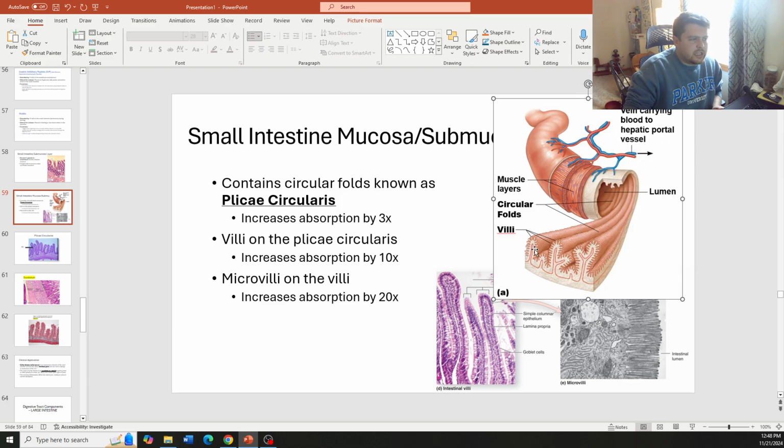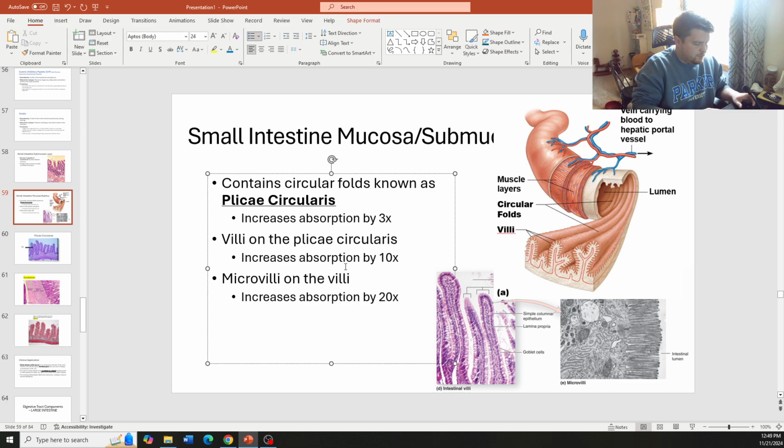See these structures, these are designed to increase surface area. You increase surface area, you increase the ability to absorb more stuff, which is exactly what we need. So we have each of these upjuttings, each of these folds, those are our plicae circularis, and that increases the surface area and absorption by 3 times.